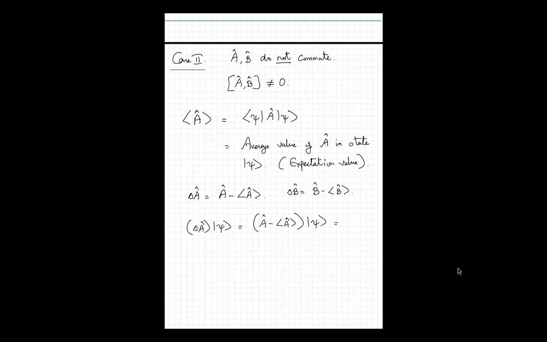So this is some vector alpha. And then delta B acting on psi is again B minus the average value of B, this operator acting on the state psi. This could be some vector phi.